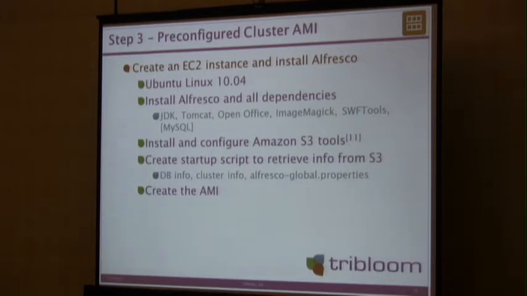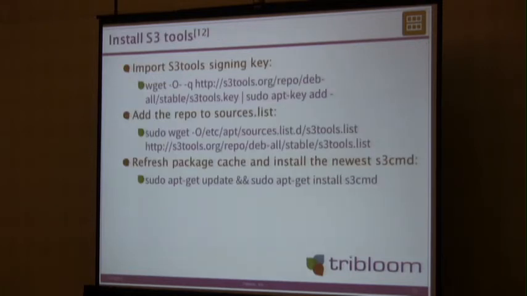That's a little time consuming, and then you have to reset up all your auto-scaling groups and load balancers and that sort of thing. So it makes it a lot easier if you put your properties file up in S3 as well. And of course, finally, we need to create a machine image to do this.